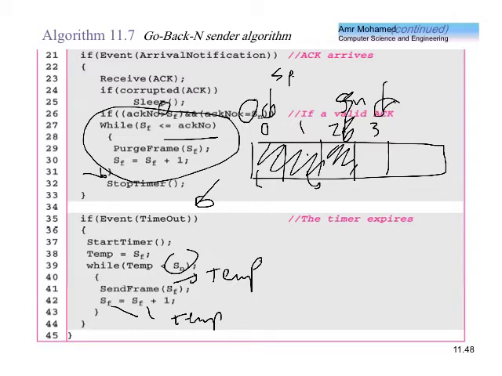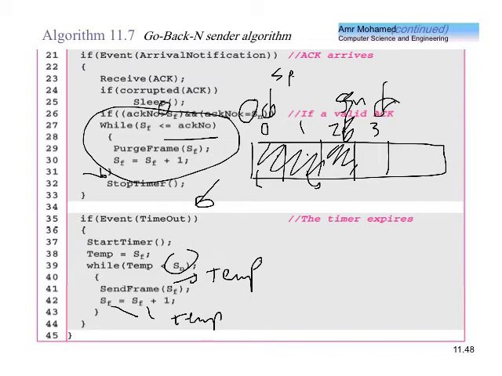Temp is like a temporary variable. It's like you are creating another copy of SF, and then you start sending frames starting from SF all the way to SN. But you should not increment SF, because incrementing SF means that you are sliding the window, and you should not do that. Okay?